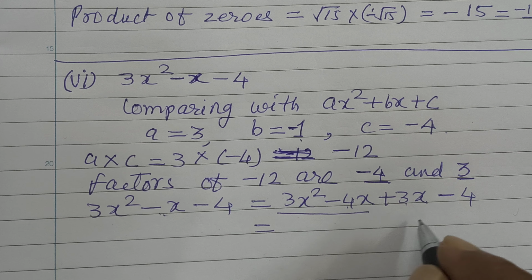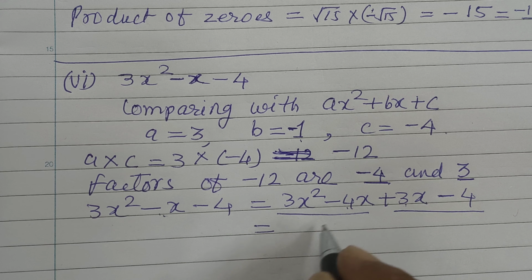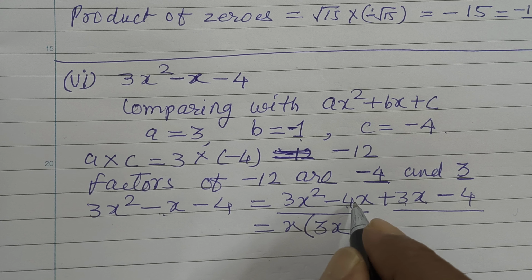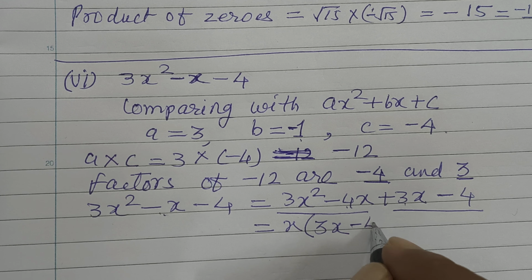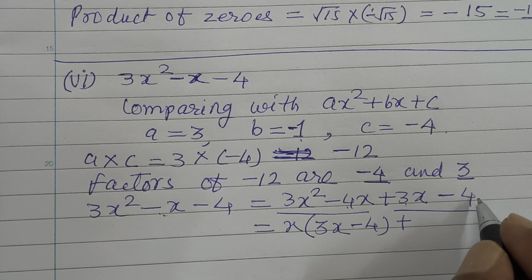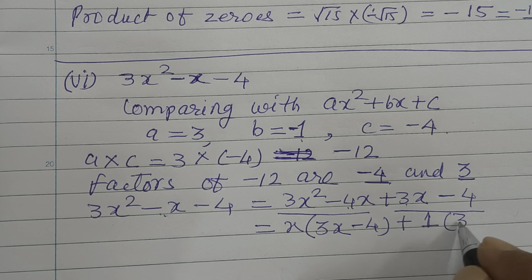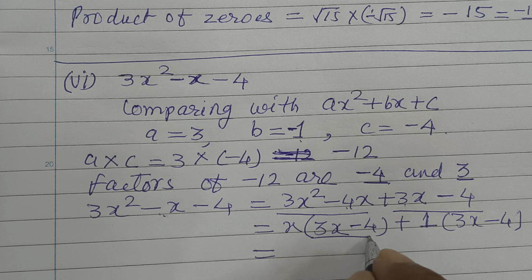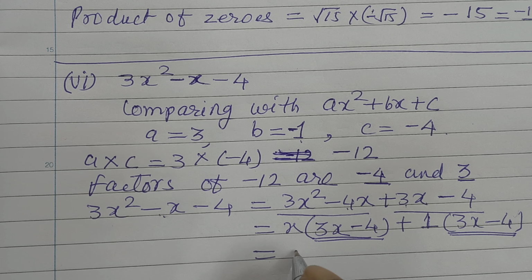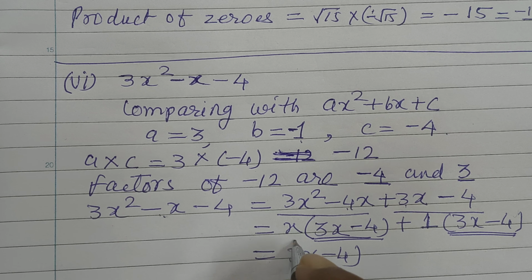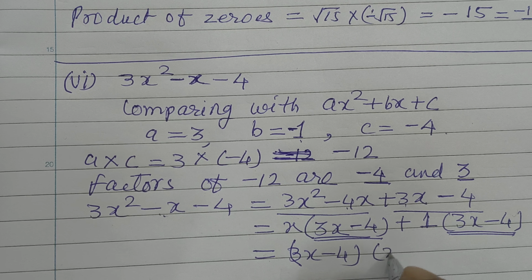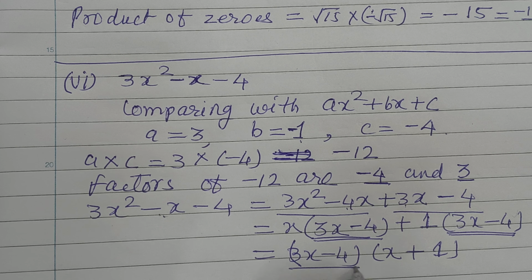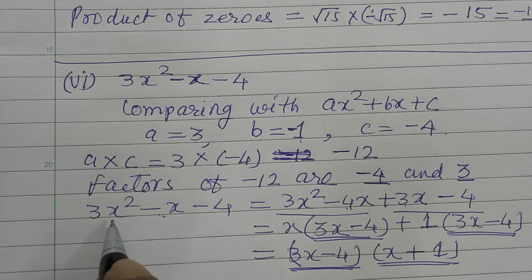Now pairing this, from the first two terms x is common, so x into 3x minus 4, plus 1 into 3x minus 4, and we get 3x minus 4 common, so 3x minus 4 into x plus 1. So these are the factors of the quadratic polynomial.